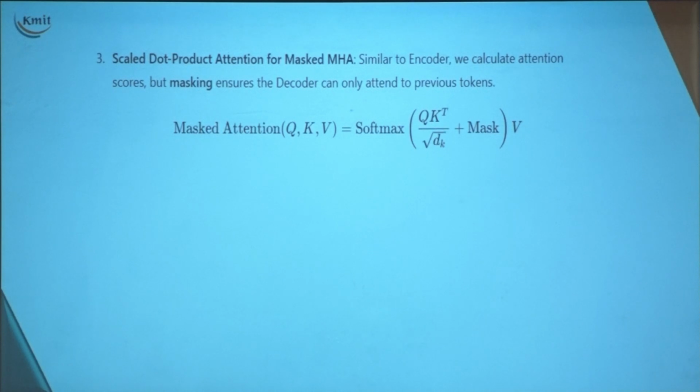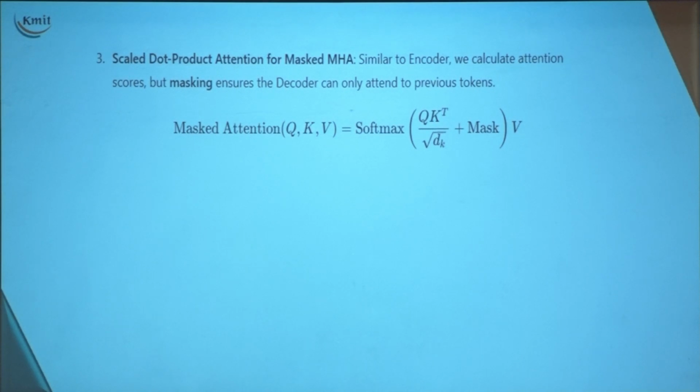But before that, what is the formula here? For attention in the encoder, the formula is softmax of Q into K transpose by square root of dk, into V. But here in the decoder, how do I write it? I rewrite it as softmax of Q into K transpose by square root of dk plus what?